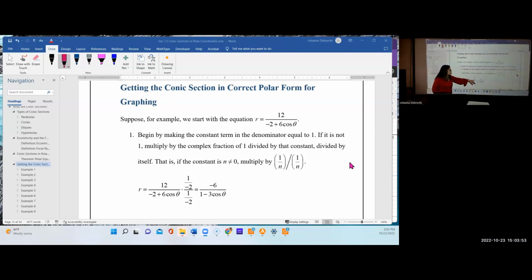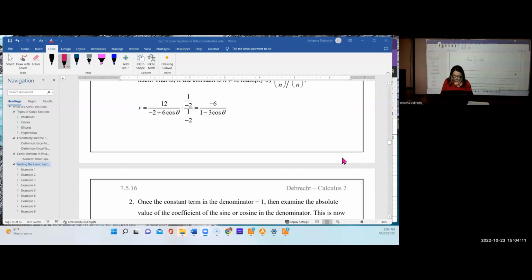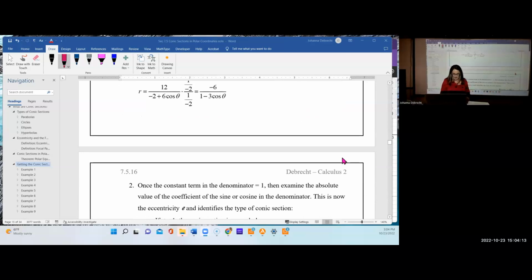So 12 divided by -2 is -6. -2 divided by -2 gives me the positive 1 I was after. 6 divided by -2 gives me a -3. So now I have -6 divided by 1 minus 3 cosine of theta. And now I can actually tell a little bit more about the function and what I have.